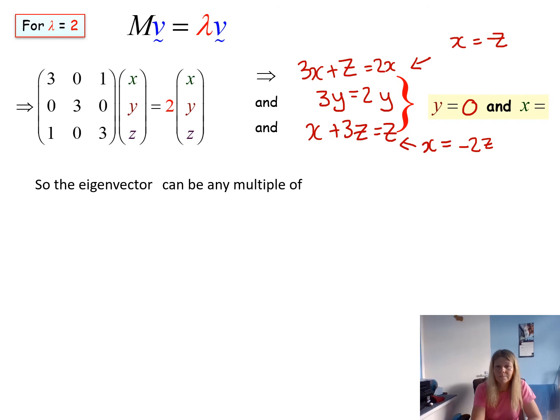That can't be right. Oh, I forgot the 2, that's why. The 2 should be there. So that's nonsense, and take that over there, just x equals minus z is better. So x equals minus z.